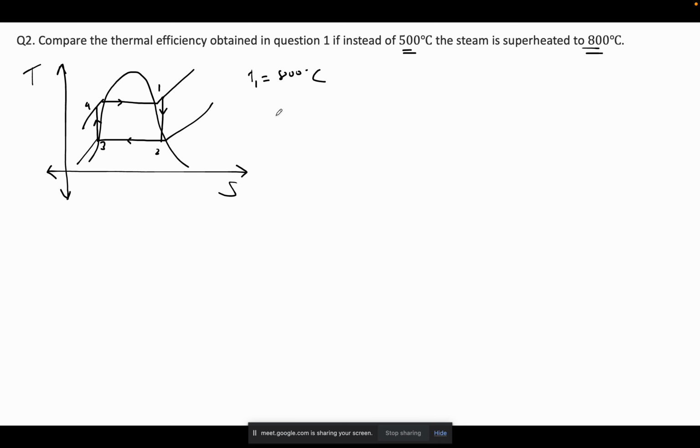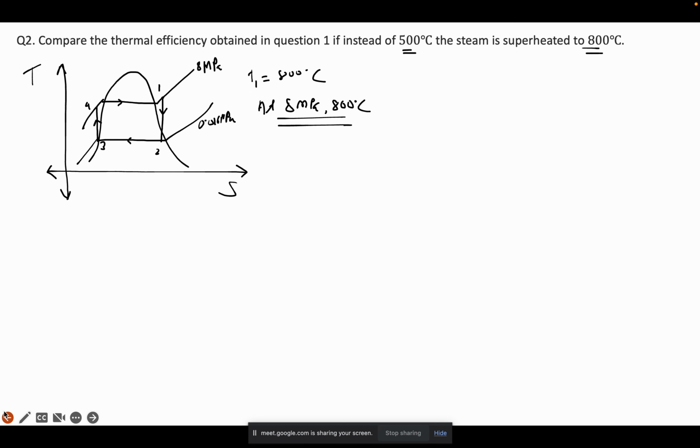So that means I should look at 8 megapascal and 800 degrees Celsius. This is my 8 megapascal pressure line and this is my 0.016 megapascal pressure line.